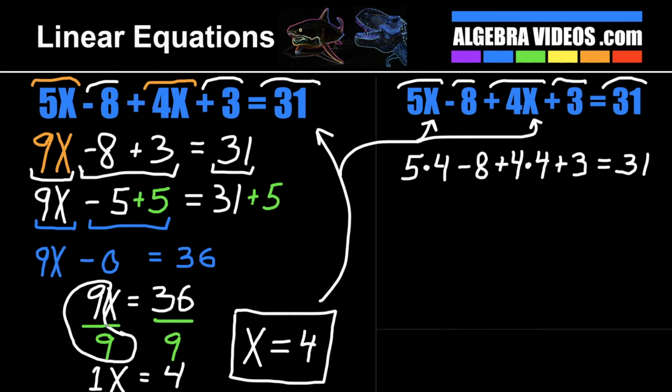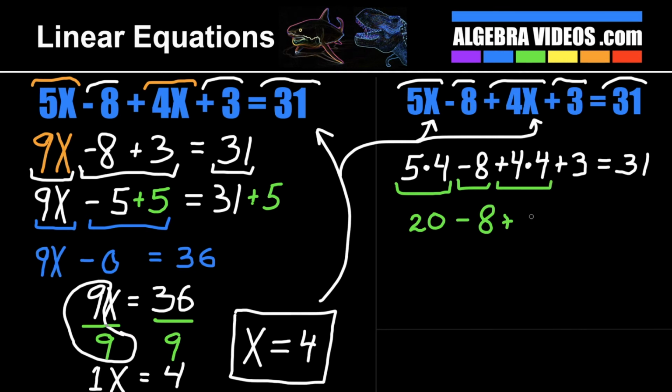All right. So now I'm just going to have a little fun and change color. And I'm going to show you, we're going to combine this. I'm just simplifying at this point. So 5 times 4 is 20, right? And then next term is minus 8. So I'm going to write minus 8 plus, this next section here is 4 times 4.